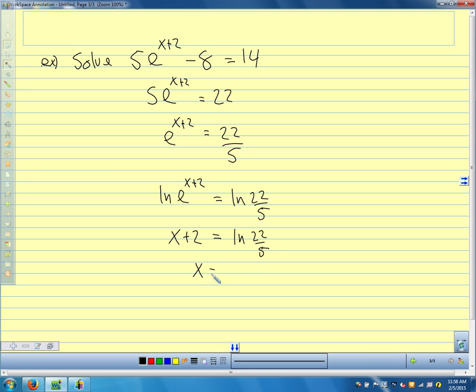So x equals natural log of 22 fifths minus 2. And I put that minus 2 way over there to remind us it's not part of the natural log thing. And then we calculate that out, so x is approximately equal to negative 0.518.